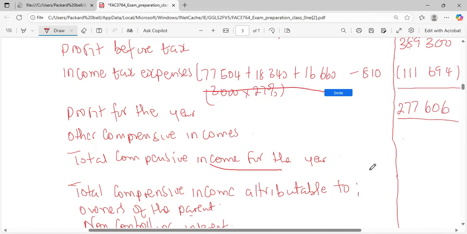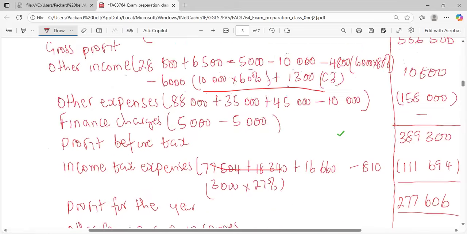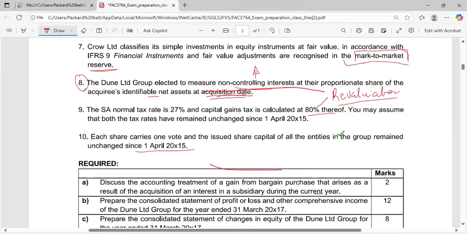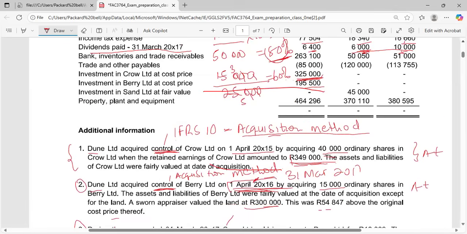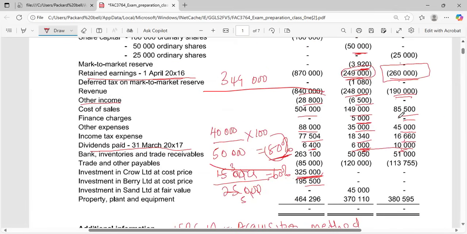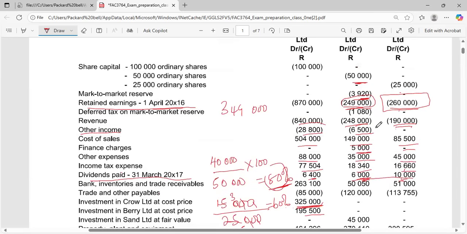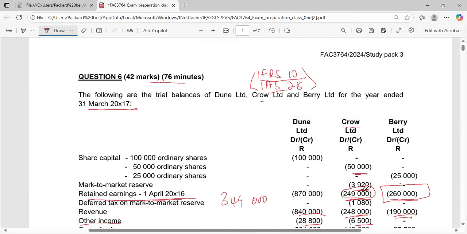Then what is going to be our other comprehensive income? We go to here. We take other comprehensive income. Our other is 3,920.